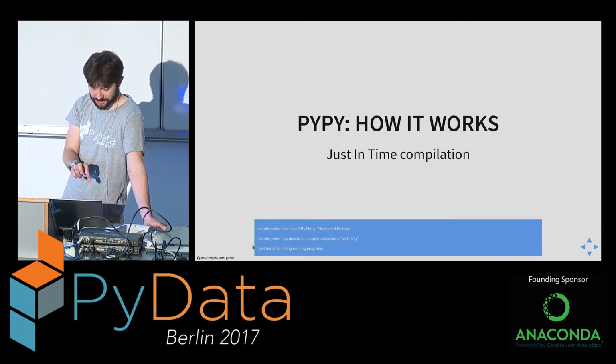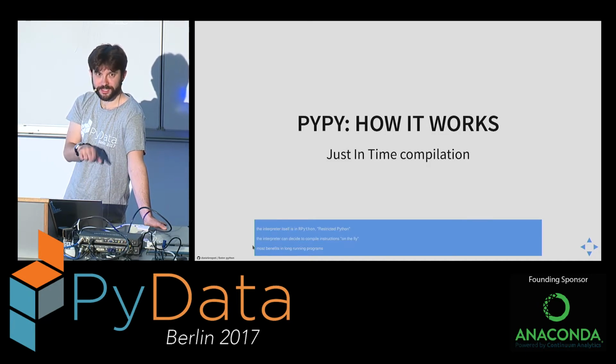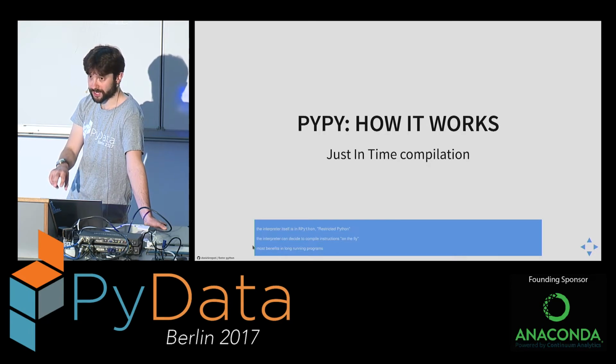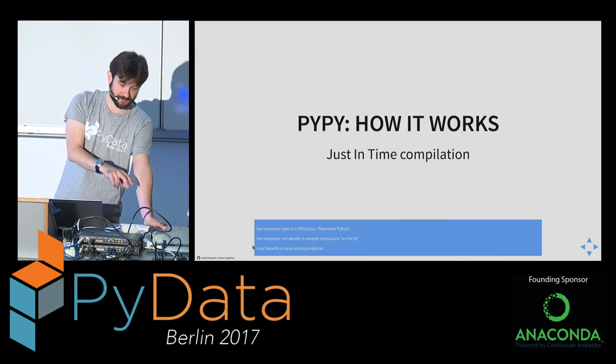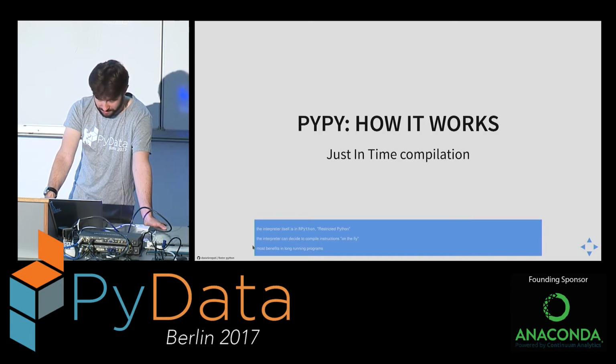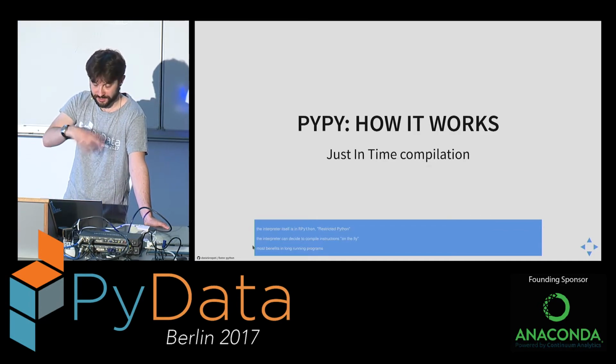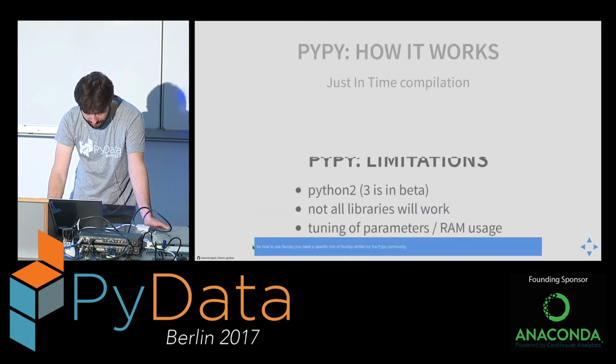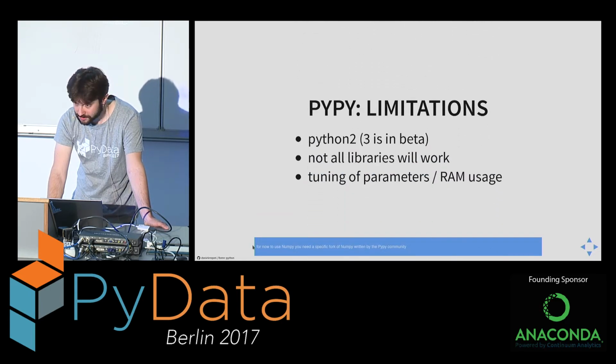So the interpreter can decide, okay, this instruction has been running several times, I'll just compile it. This instruction has been running just once, it just goes through the interpreter. The biggest benefits are for long-running processes, obviously, because then the interpreter has this time to actually gather the statistics and do it.